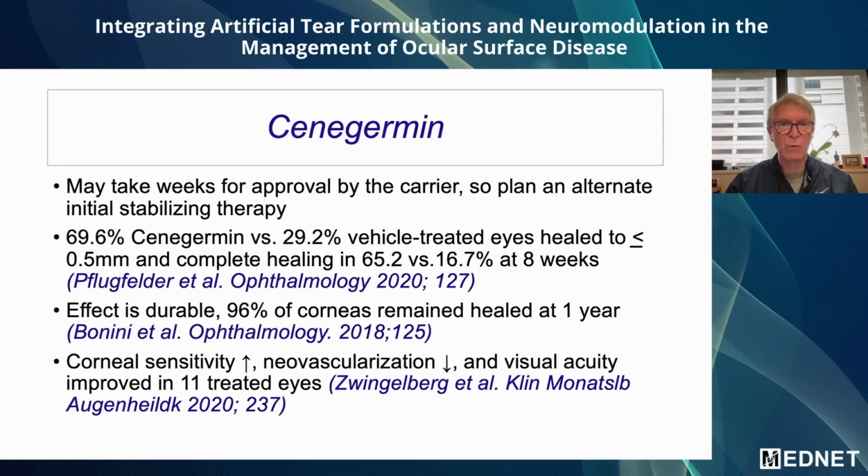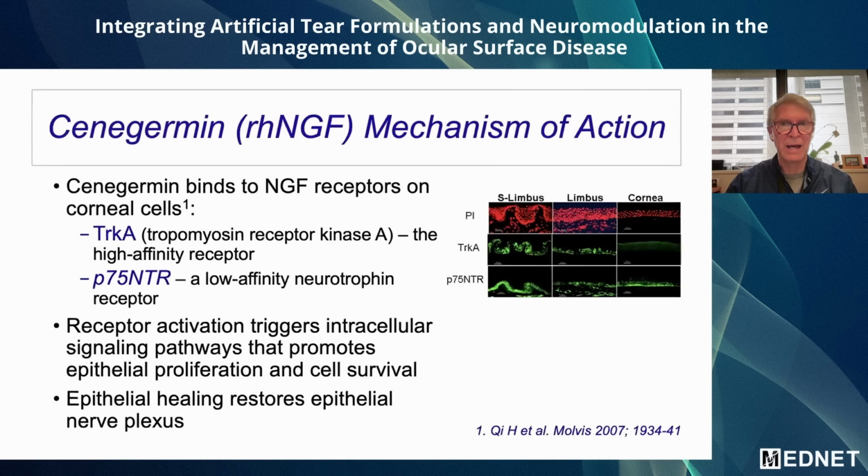The effect is durable, with 96% of corneas remaining healed at 1 year, and increased corneal sensitivity, reduced corneal neovascularization, and visual acuity were reported to improve in one case series of 11 treated eyes.